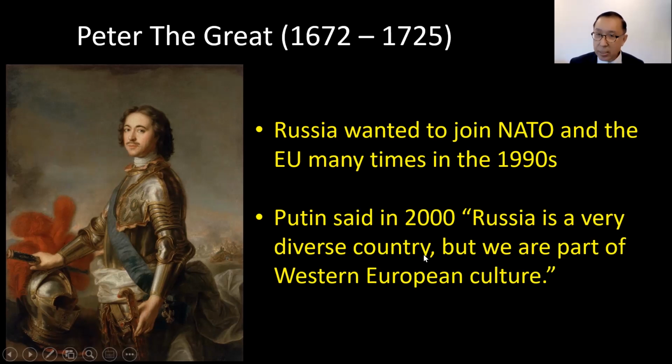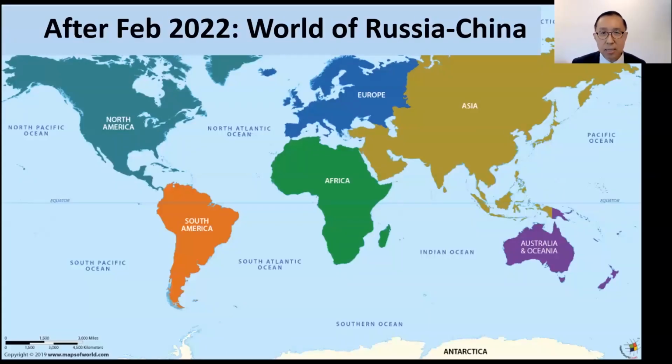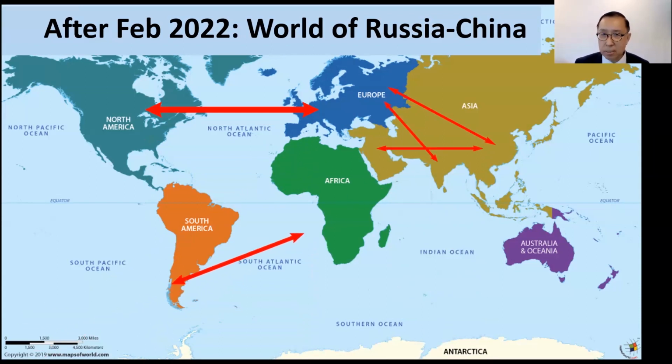But after what has happened these past few weeks, he's probably not going to do that anymore. Yes, North America and Europe will continue to be integrated, but as far as Russia is concerned, they will not look west anymore. They will look to China, Asia, India, and the countries that supply raw materials like the Middle East and Africa. They are also looking at Asia.